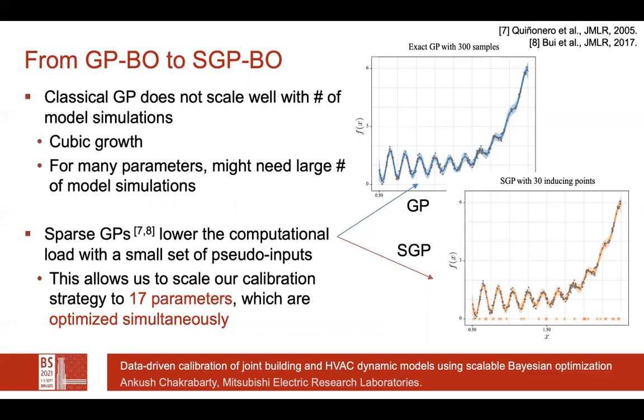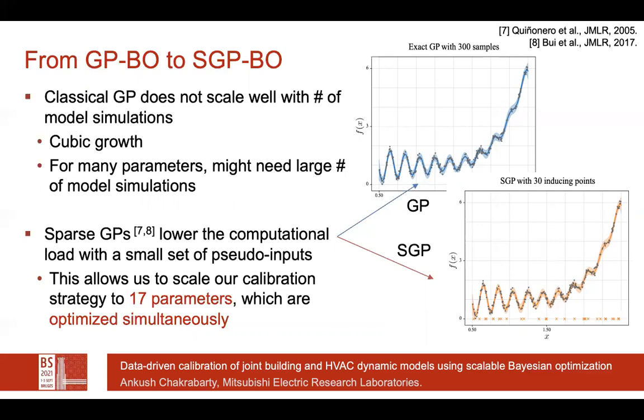And even though I said at the start of the talk that we're trying to minimize the number of model evaluations, if we have a simulation model with a lot of parameters, say hundreds of parameters, it is unreasonable to expect that you will be able to solve this problem without at least some thousands of model simulations, because it's such a large dimensional space.